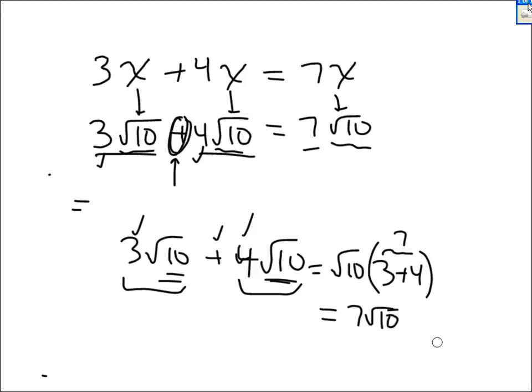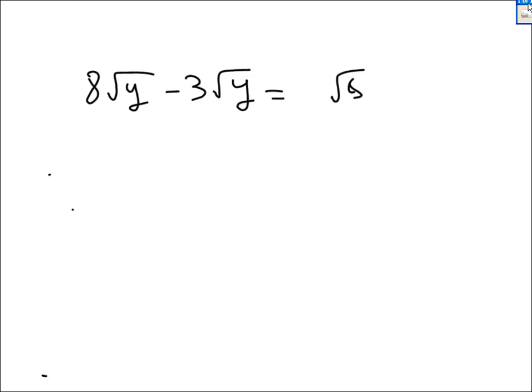Think of these radical signs as x. What is 8 times square root of y minus 3 times square root of y? Well, we're subtracting square root of y's.